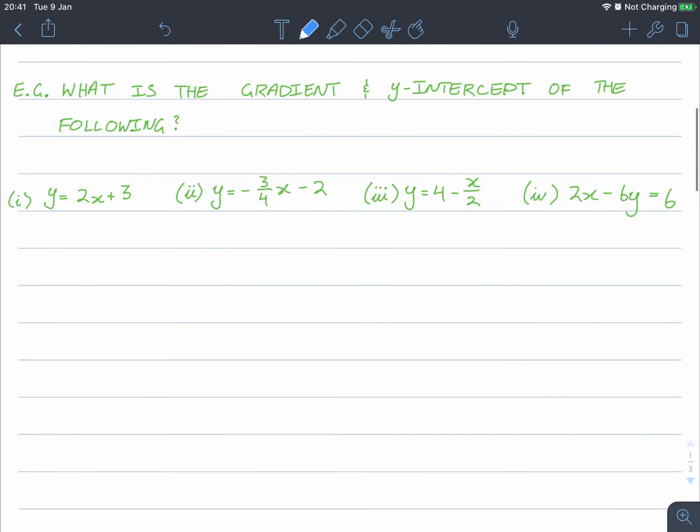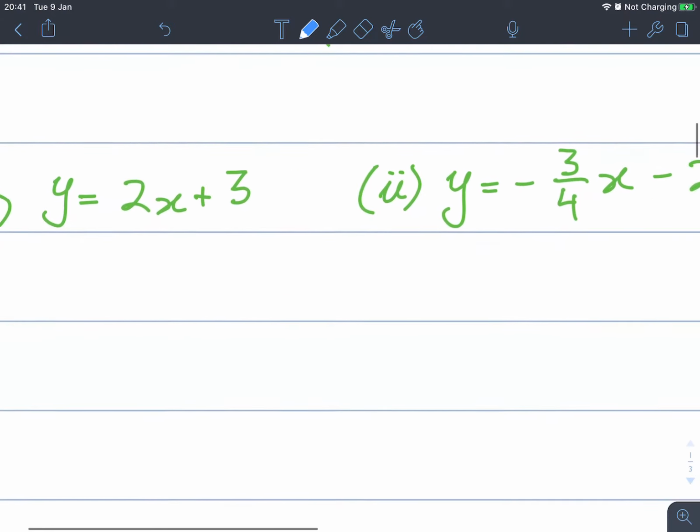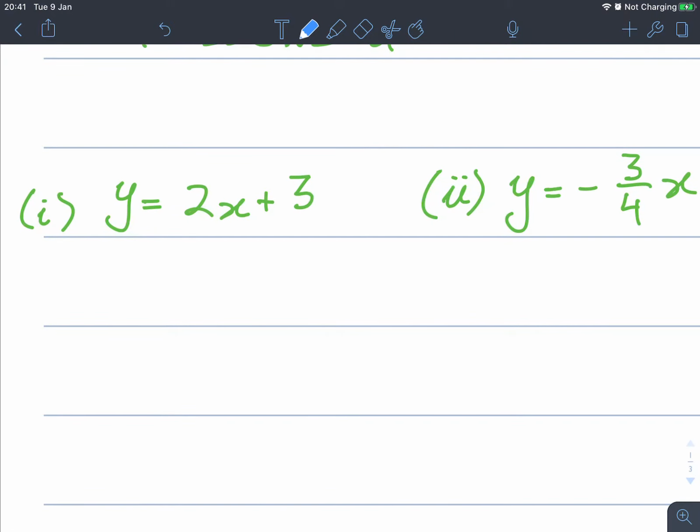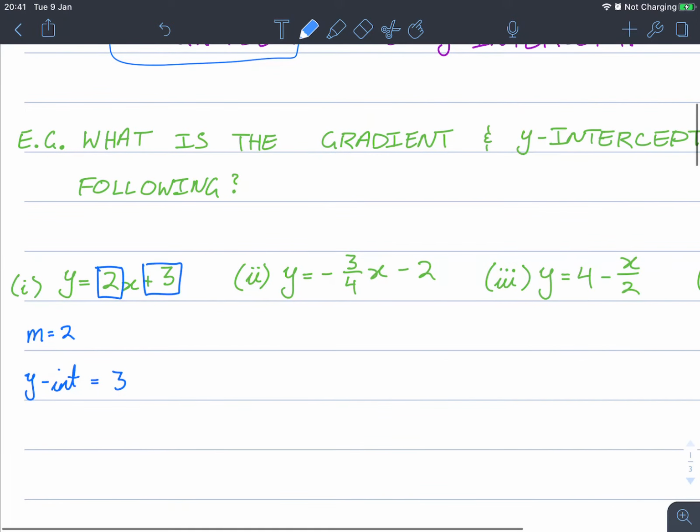What is the gradient and intercept of the following? First, y equals 2x plus 3. Very straightforward. We have the gradient here, so m, the gradient, is equal to 2, and the y-intercept is equal to 3.